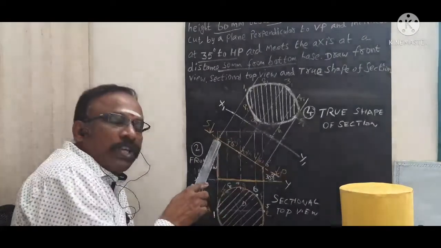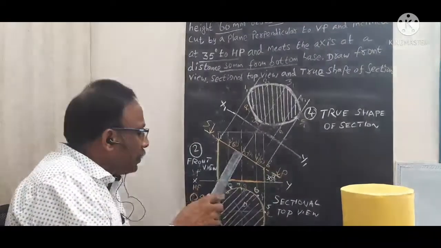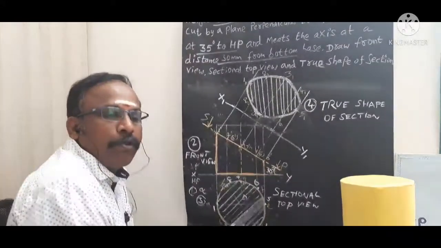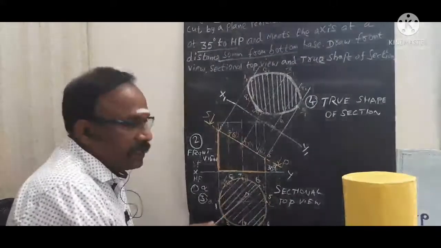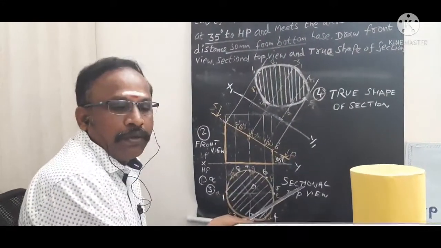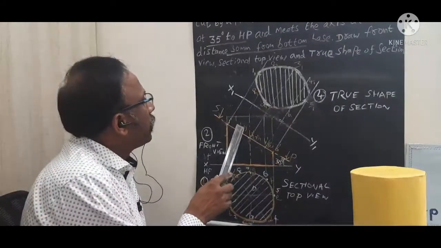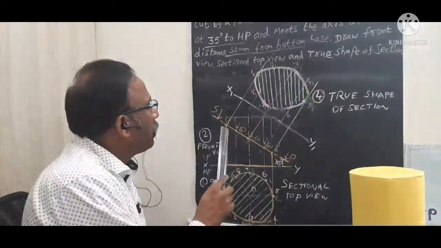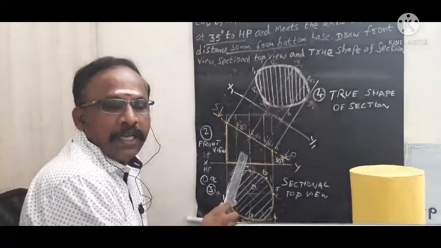Then project these points to the top view. Then we can get these top view points. Then you need to hatch this top view. We can get the sectional top view, right? Here above this portion the solid is removed. So remaining portion only you need to give the darkness.